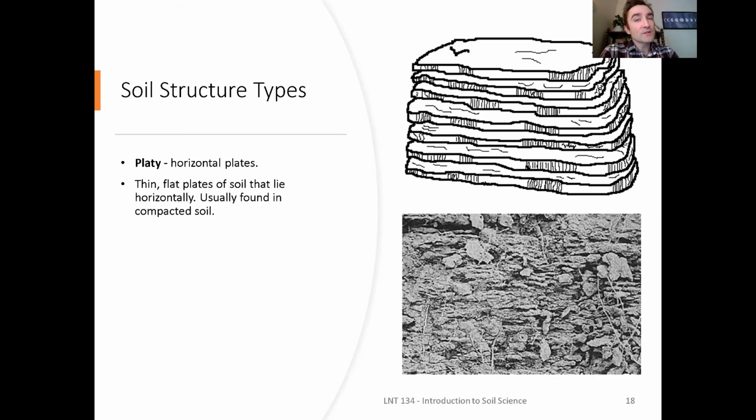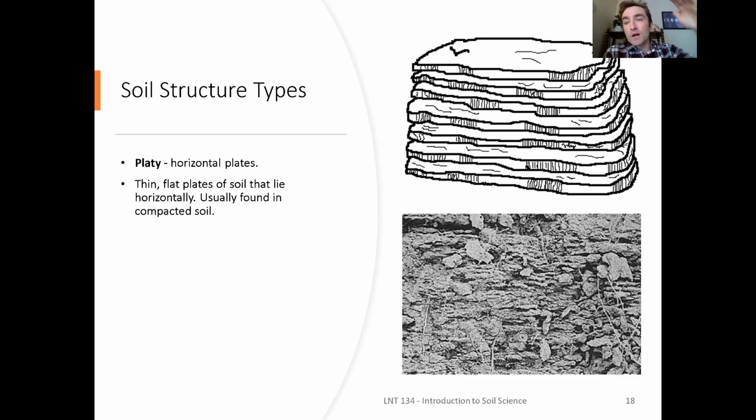A lot of times, especially with clay or anything that was deposited over time, you end up with a platy horizontal structure. Some people actually call this platy, but I think of it like a stack of plates. So I say platy structure. And these are thin, flat, horizontally arranged layers of soil. And this is common in compacted soil.